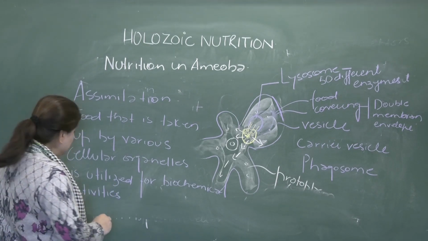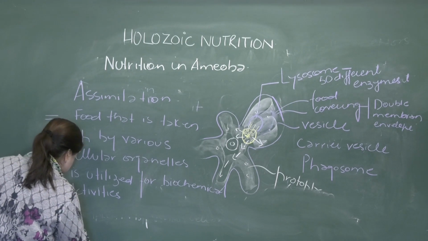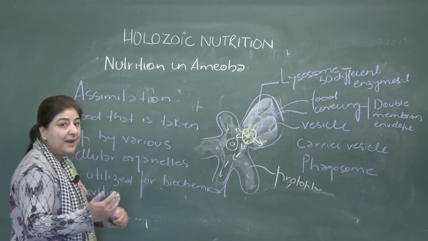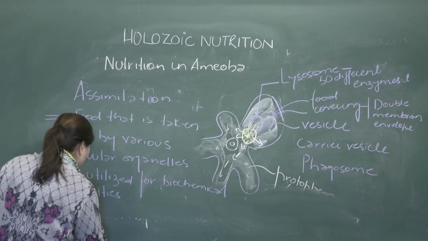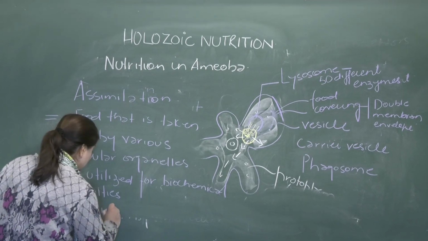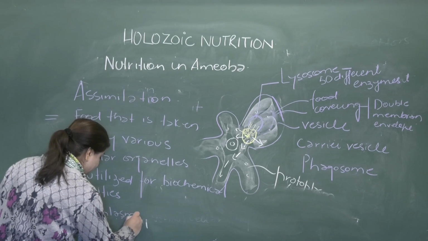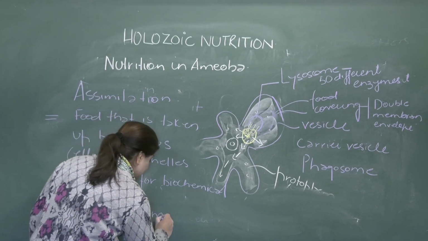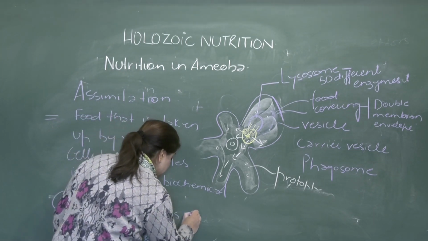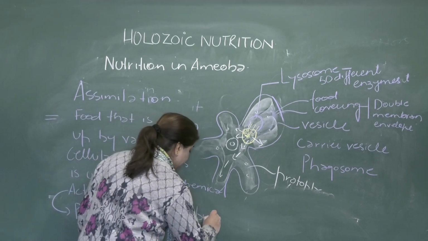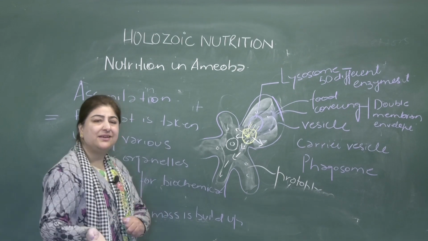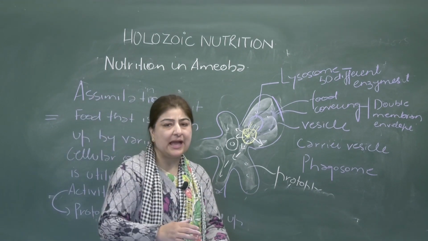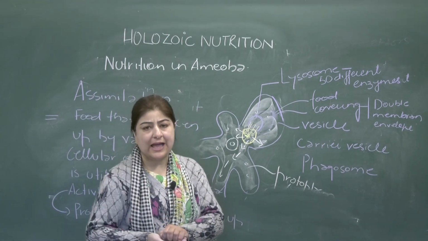With the help of these biochemical activities, the protoplasmic mass is built up, either via catabolic activities or anabolic activities.